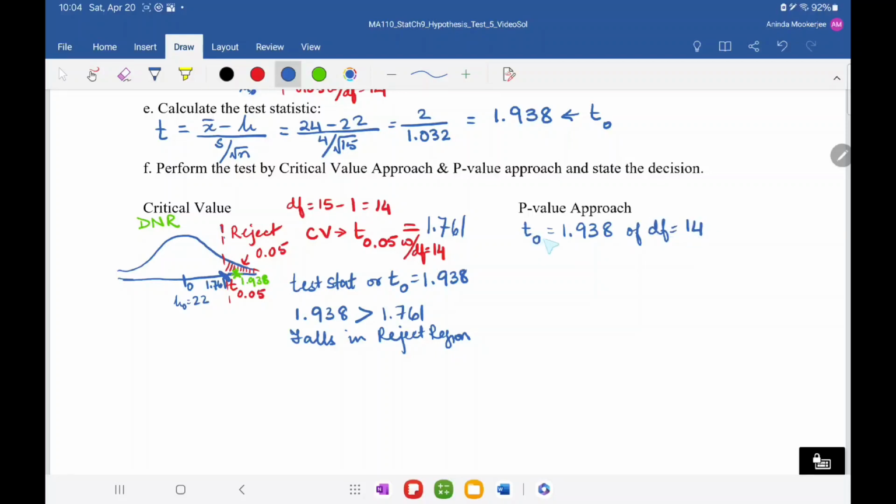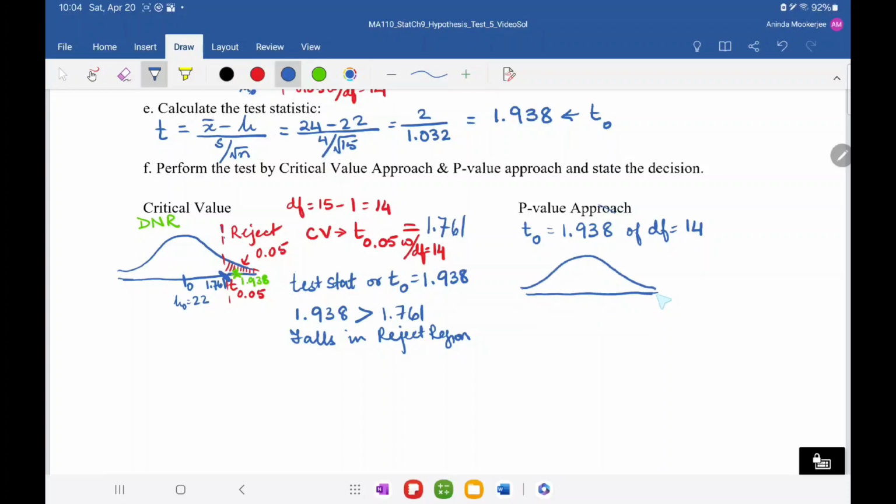We have to find the area, the probability really, which corresponds to the area to the right of this value, wherever it is located on the normal curve. So let's draw a picture here. We have again the normal curve.